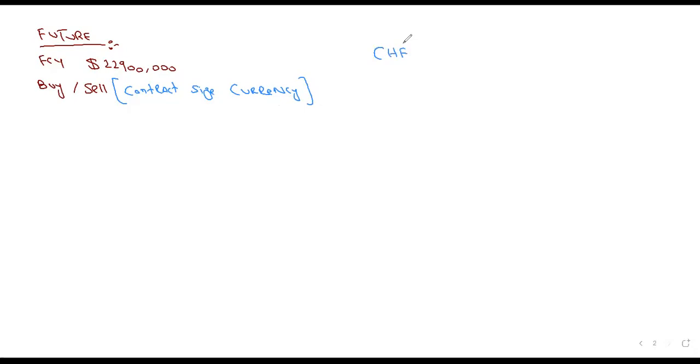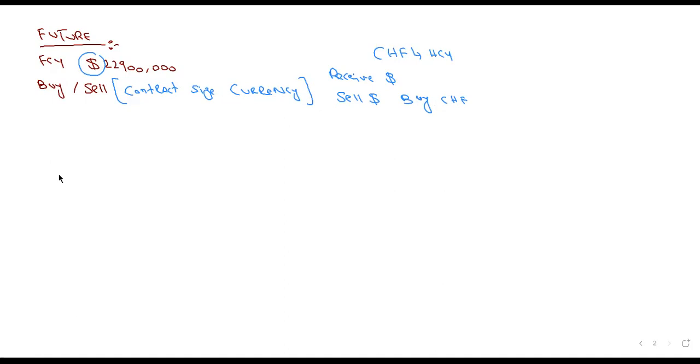Now try to understand, guys, what I am basically trying to explain to you. What is happening when we will receive dollar? When we receive dollar, what will we do? We will sell dollars and we will buy CHF, because the CHF is our home currency. When the customer pays us the dollars, we will sell the dollars and buy the CHF.